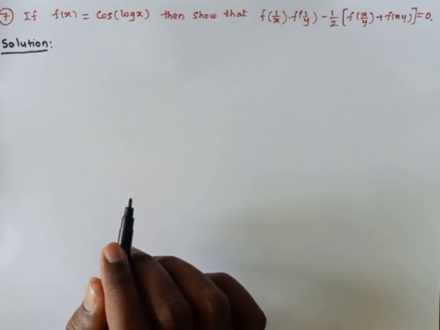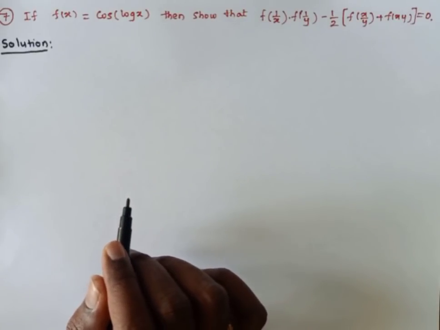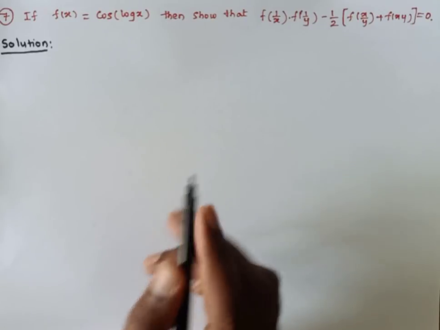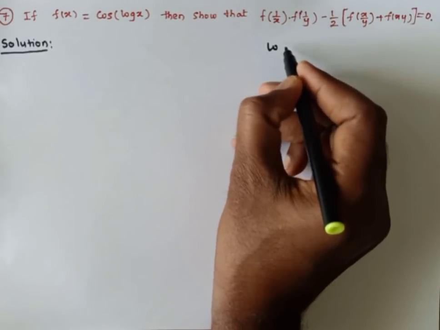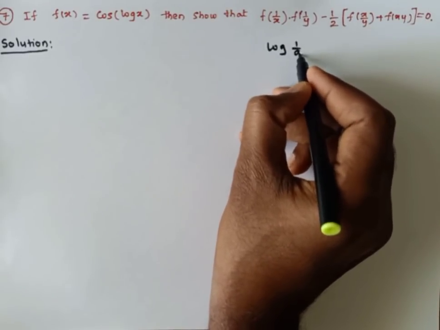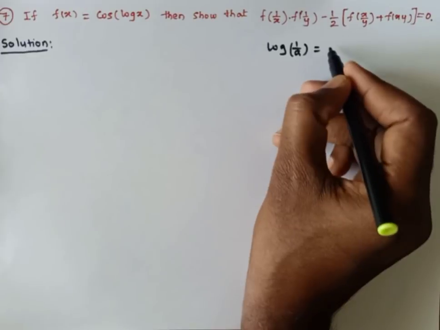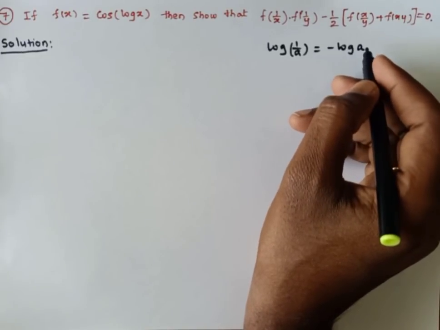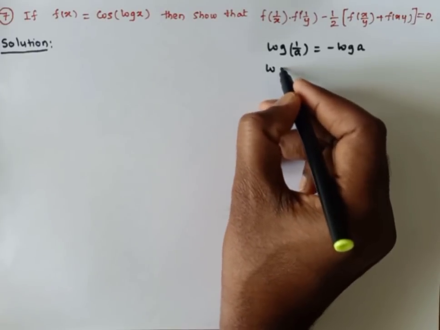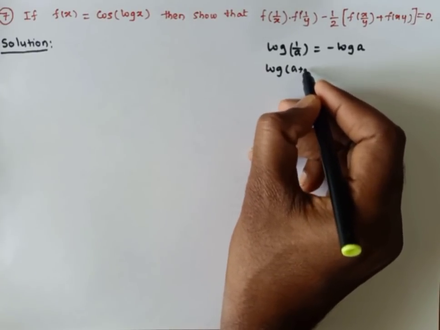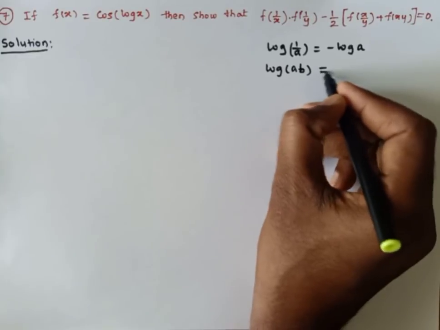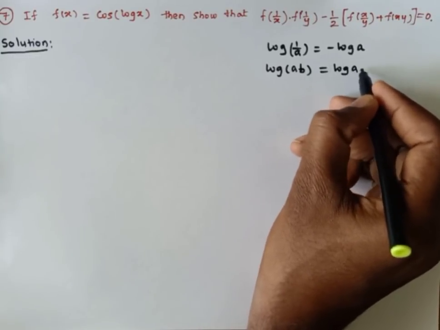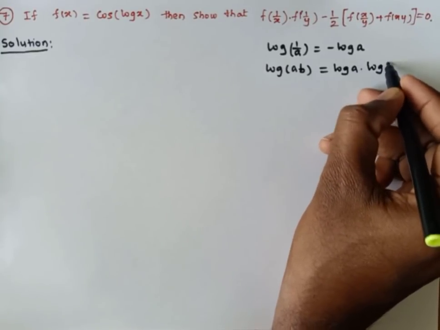Here we need to know some properties of trigonometric functions and logarithmic functions. The basic things are: logarithm of 1 by a can be written as minus log a. And one more thing, logarithm of a into b is logarithm of a plus logarithm of b.